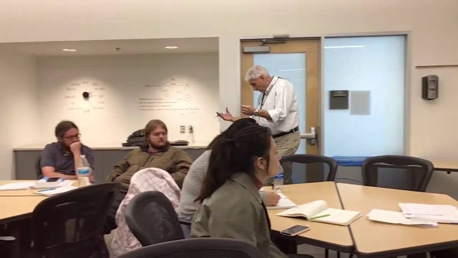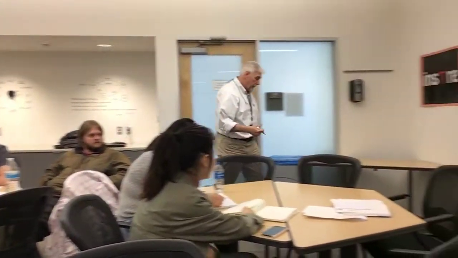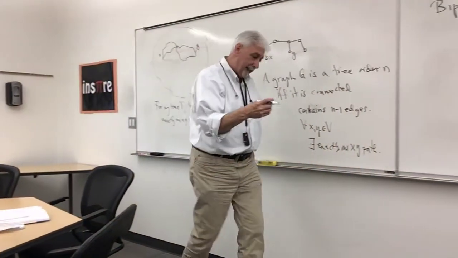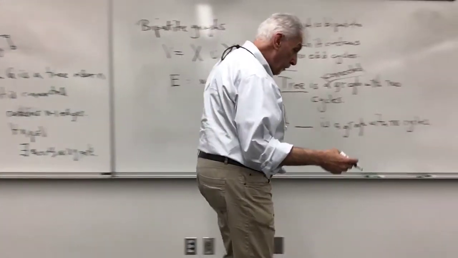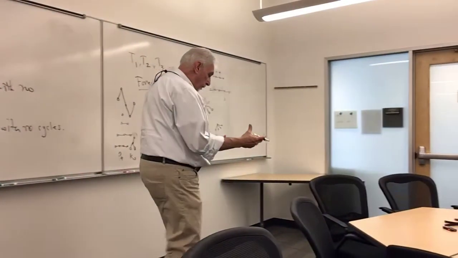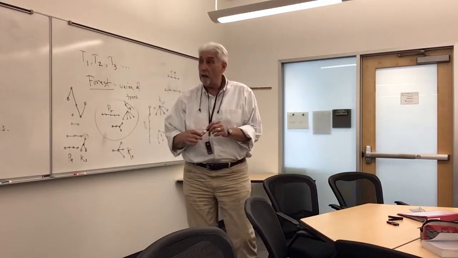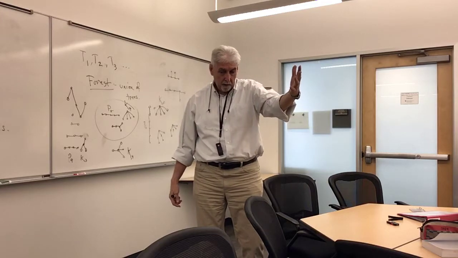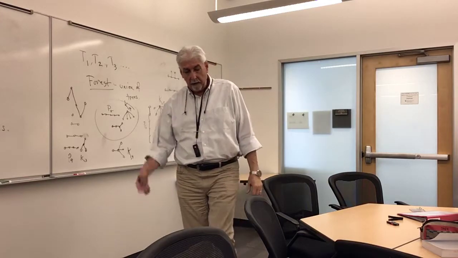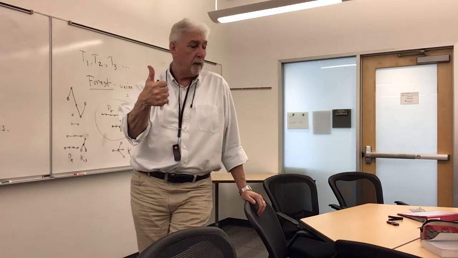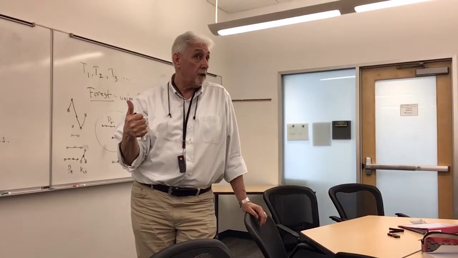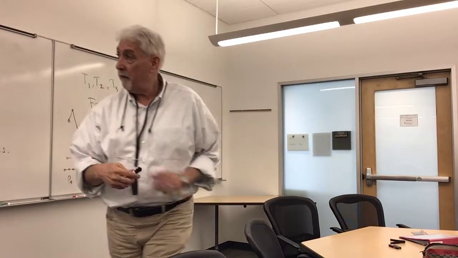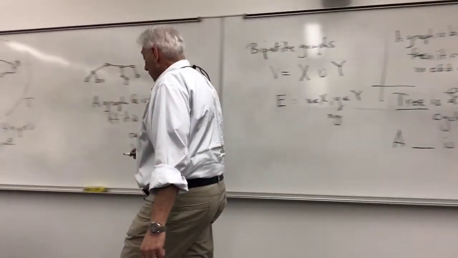So all of these are equivalent definitions of trees. And as we're going to find out in the next several sections, it turns out that trees are pretty important in helping us determine a lot about the underlying graph. If I give you a graph, you can look at that graph and try to find a tree, a spanning tree, a tree that contains all the vertices in G. So let G be a graph.